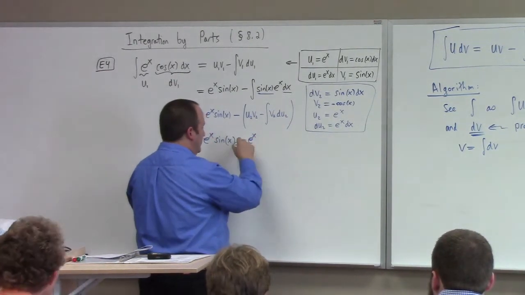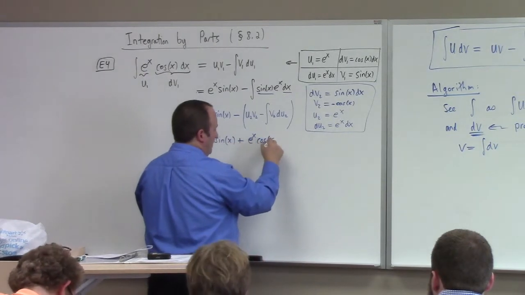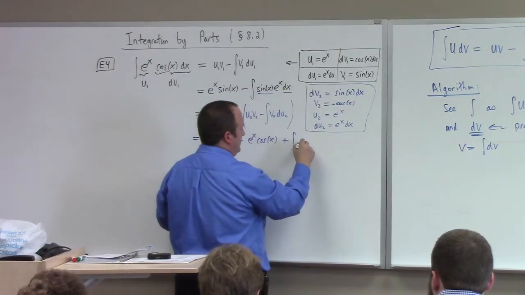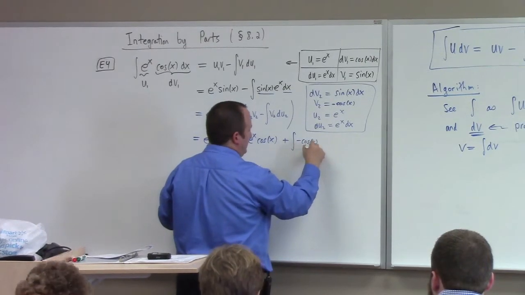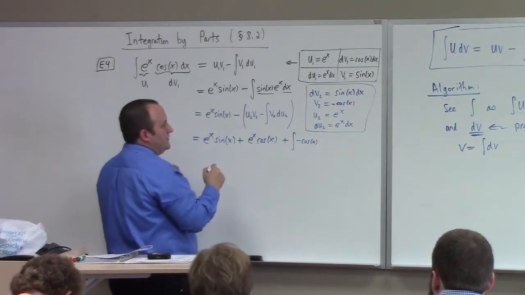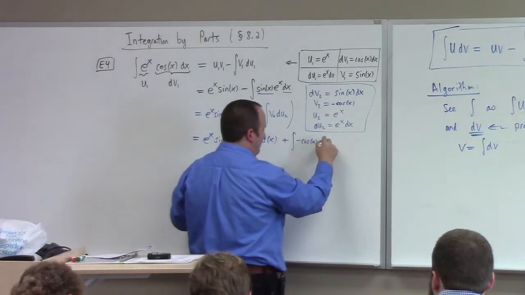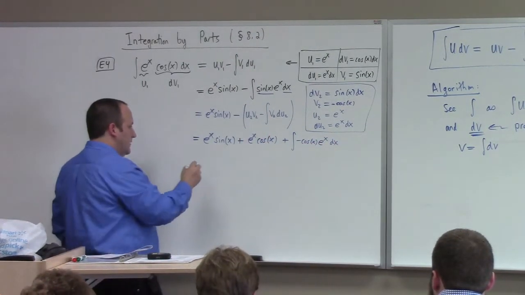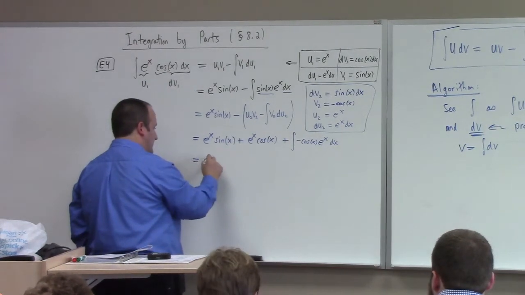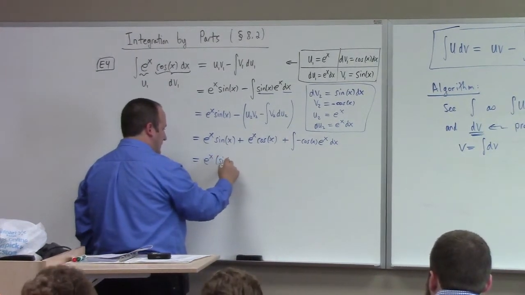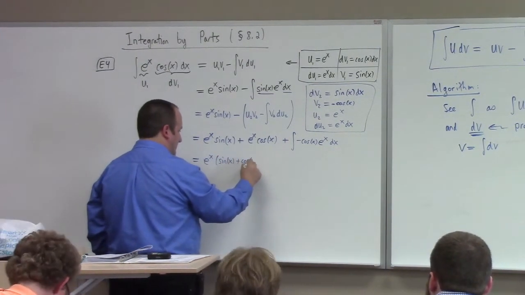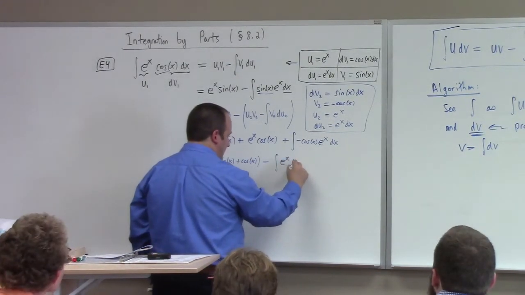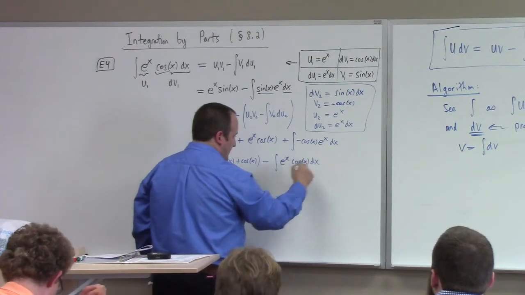Minus and minus gives me plus cosine x, yeah? And then plus the integral of v2, which was minus cosine of x, and du2 is e to the x dx, yeah? Let me rewrite this just a bit. This is e to the x times sine of x plus cosine of x minus the integral of e to the x cosine of x dx.